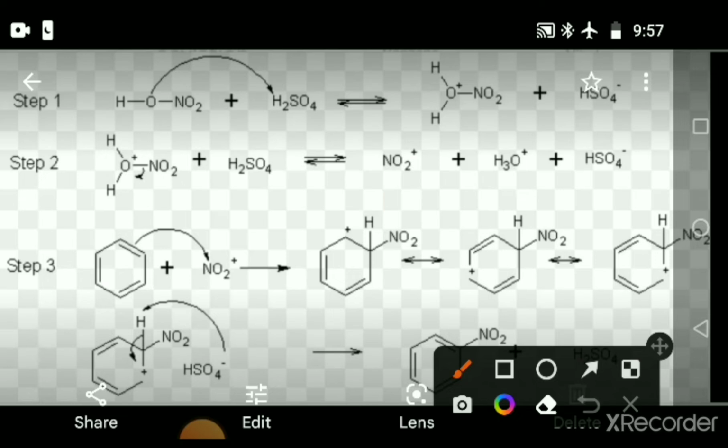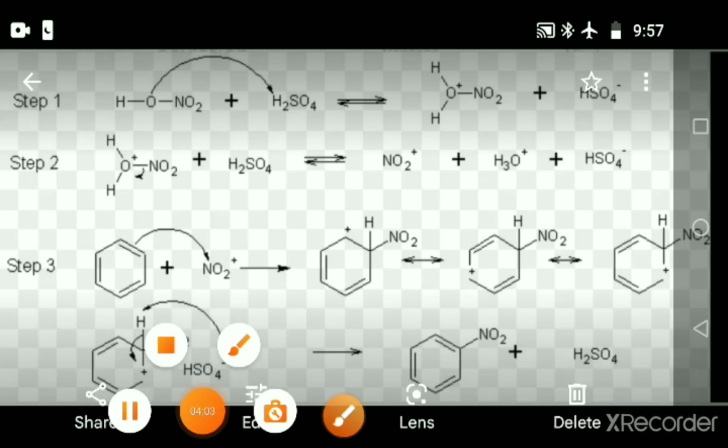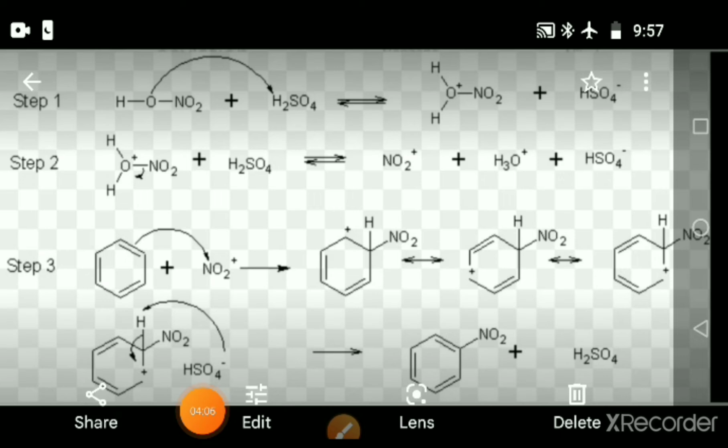And third step is the removal of a proton from the intermediate. These are the three steps involved in the electrophilic substitution reaction.